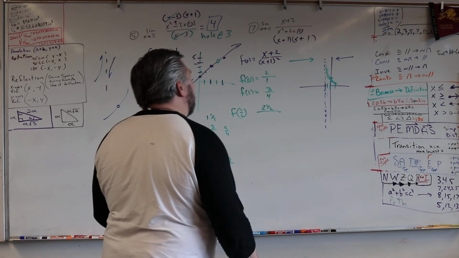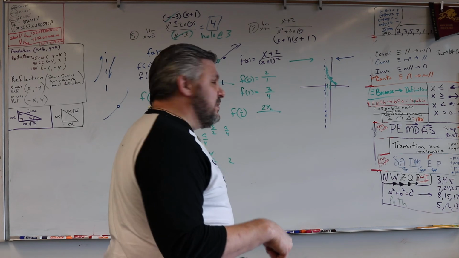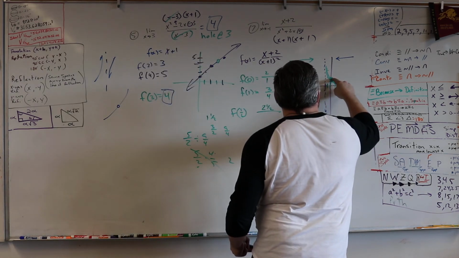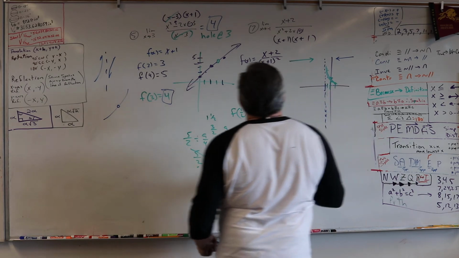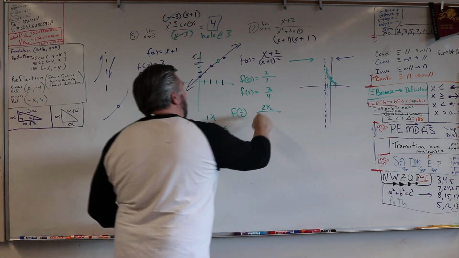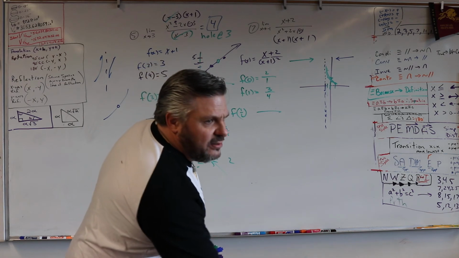Oh shoot, I was doing negative a half, not a half. Oh, that sucks. Because this would have been at 2. That's weird. What the heck is going on here? If I plug in a negative half, that's going to make that not 2.5, but 1.5, right?